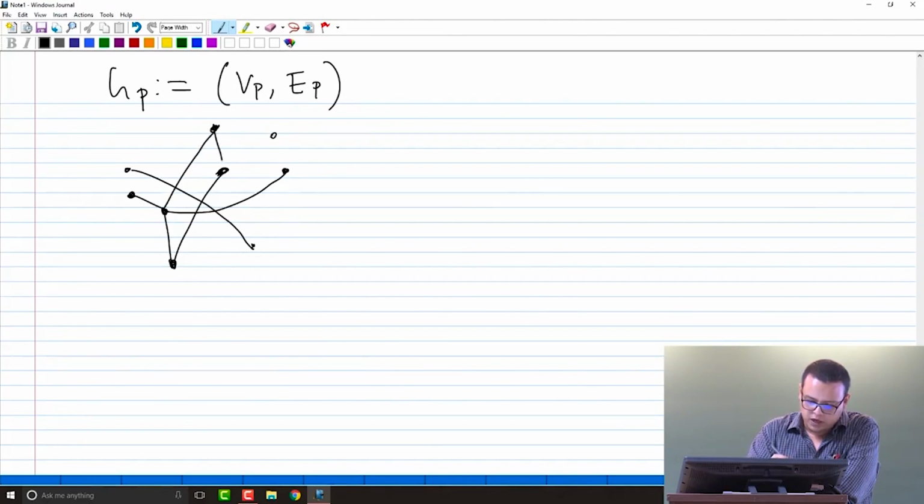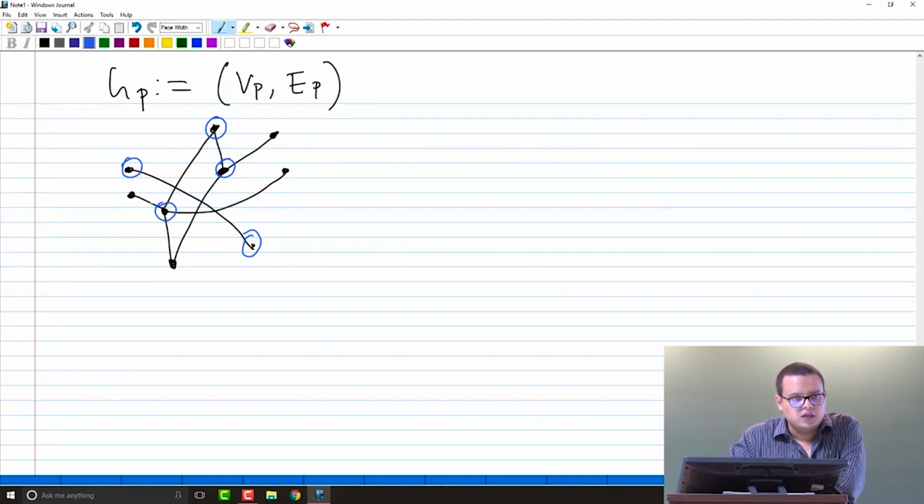This was your original graph. In the experiment, I picked this vertex, this vertex, this vertex, this vertex and this vertex. Okay. So I will keep these edges with this blue drawing. This makes sense?